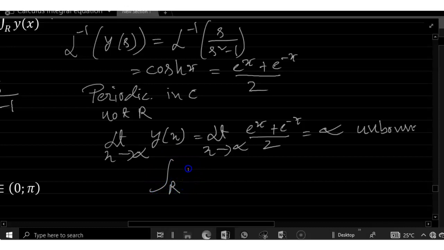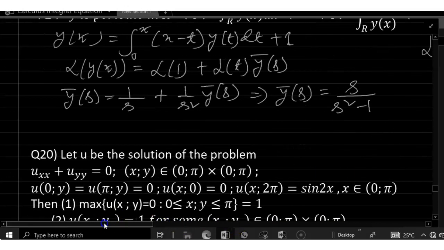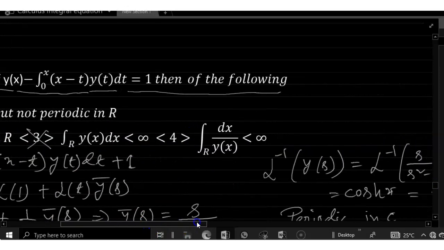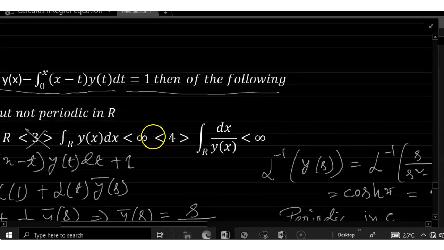Now in R, the integral of y(x) dx is also infinity. So this option is wrong, this option is wrong, this option is wrong. So only this option is correct.